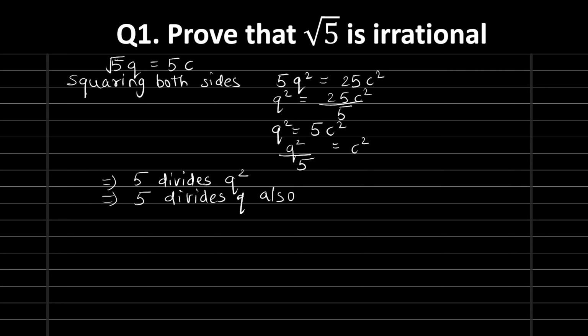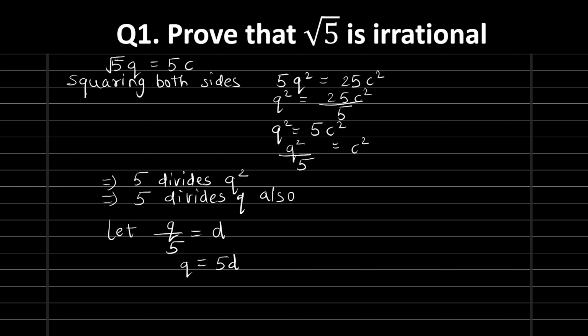Now from this, what did we observe? If we divide q with 5, we are going to get a number. Let's say that number is d. So we have assumed q by 5 equals d, and from this we can write q equals 5d.